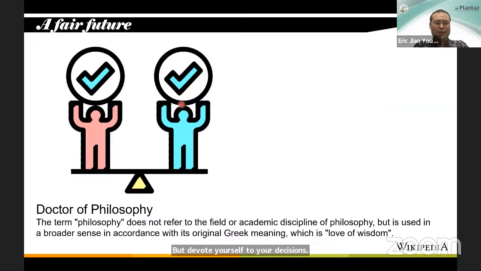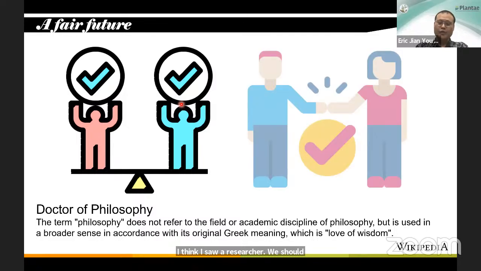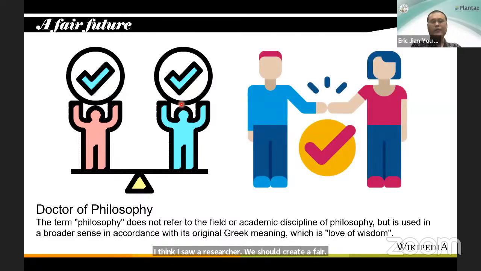And I think for a doctor of philosophy, it's not only there for wisdom. As a researcher, we should create a fair future, and we need to also create a respectful future for our colleagues.